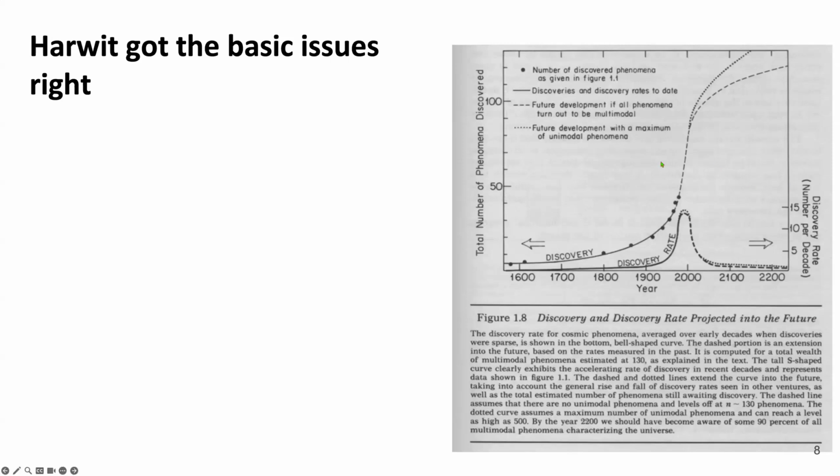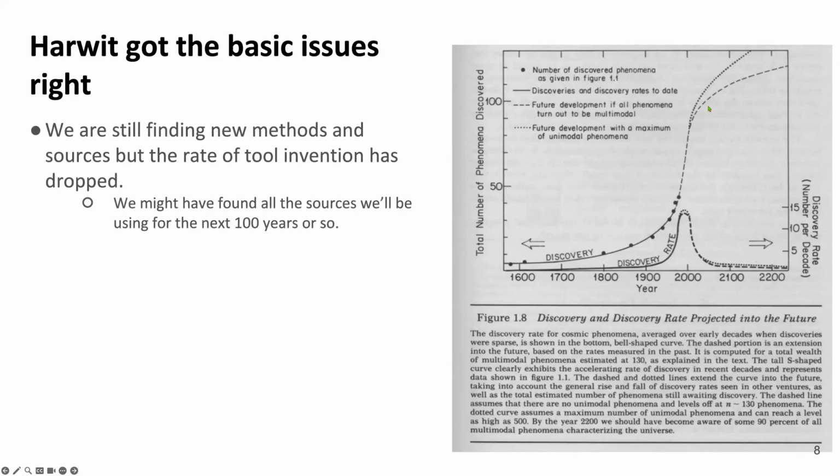So anyway, this is Martin's drawing from 40 years ago, speculating about what's going to happen in the total number of phenomena. That's what this scale represents. How many different ways are we looking at the universe? And you see we're in the hundreds now.